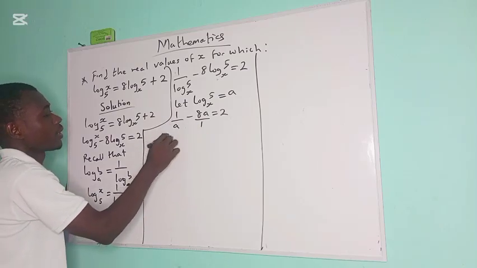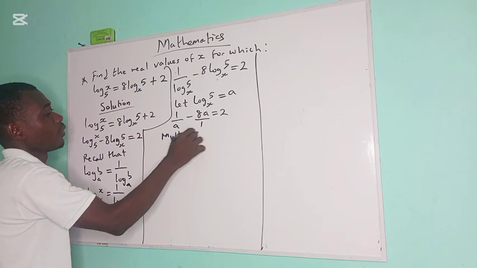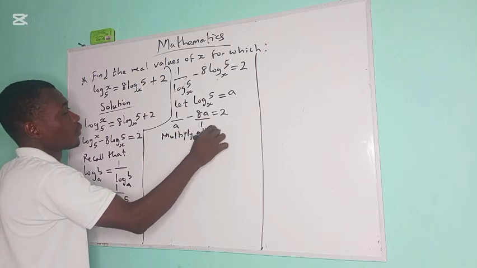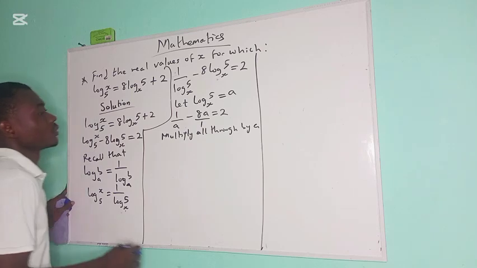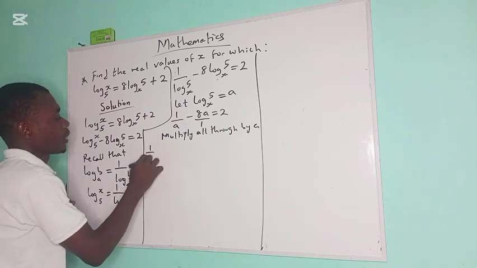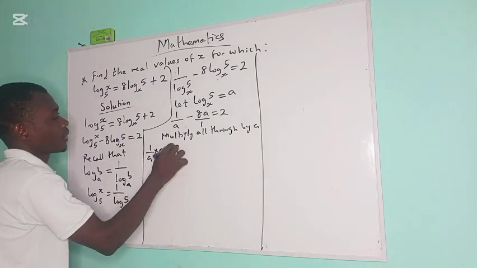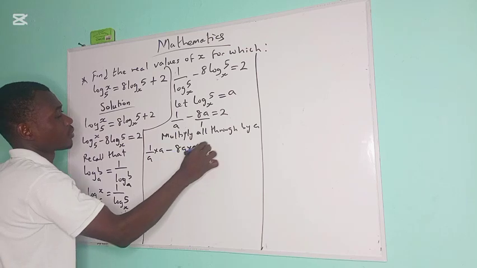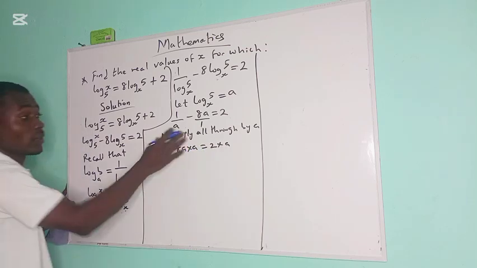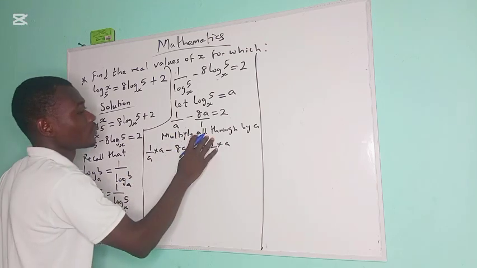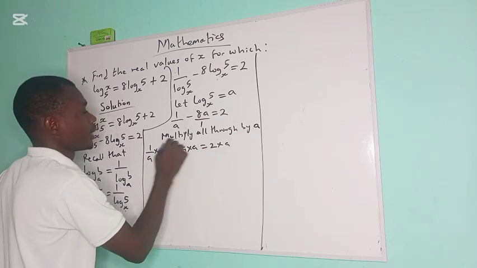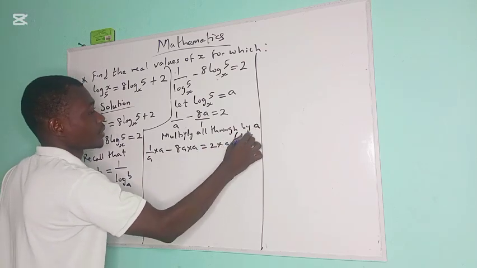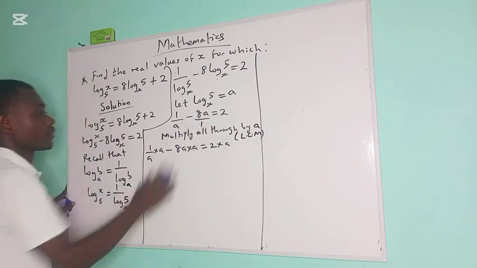You multiply all through by a, so that will be 1 over a times a, minus 8a times a, is equal to 2 times a. Because a is the LCM, that is the reason why.